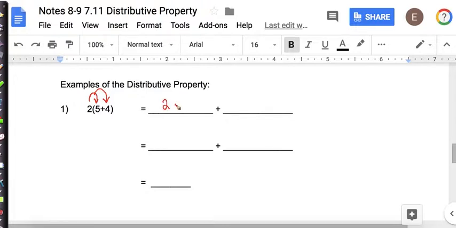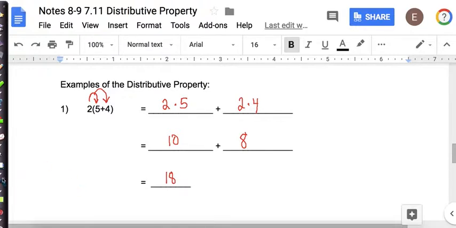So we're going to write 2 times 5. Then the addition sign, because there's an addition sign inside the parentheses, and then we're going to do 2 times 4. 2 times 5 is 10. 2 times 4 is 8. And 10 plus 8 is 18.